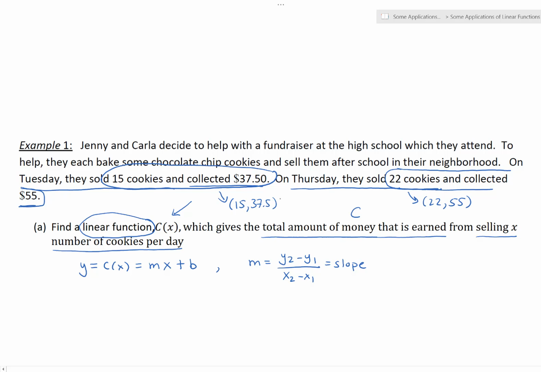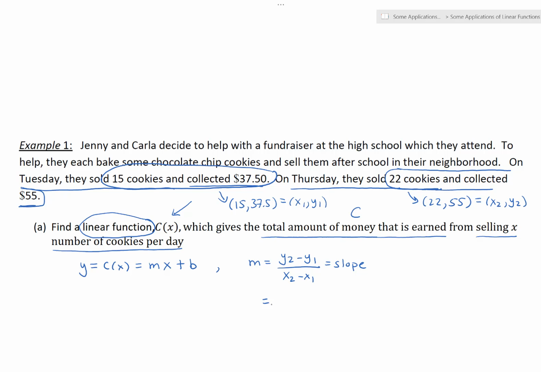So we could think of the first ordered pair as our x1, y1, the first point we're given, and then the second ordered pair is our x2, y2. It doesn't matter which one you call which, as long as you're consistent. So now we're able to compute the slope, which we need to find the formula for this function.